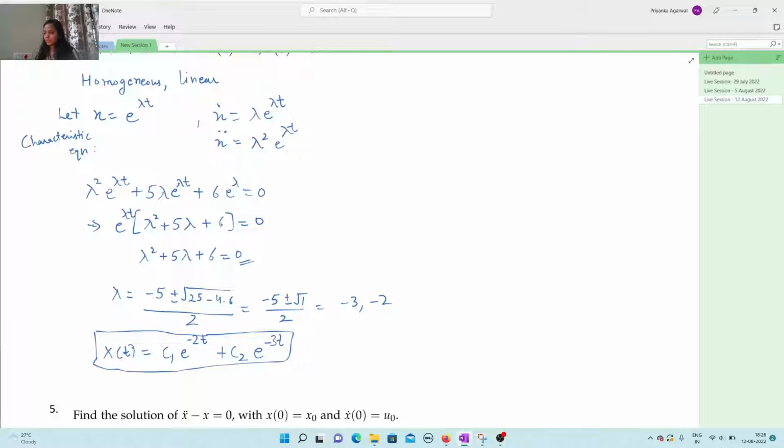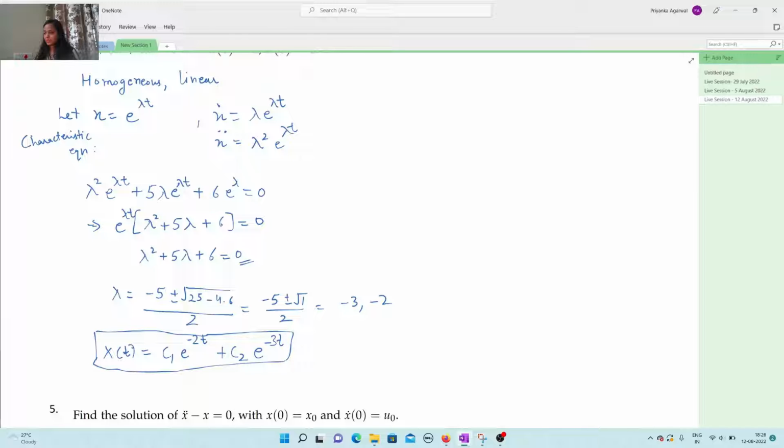So x prime of 0 is 3, so it's 3 equals to minus 2c1 minus 3c2. So now we have to solve these two equations, and we can find the values of c1 and c2.